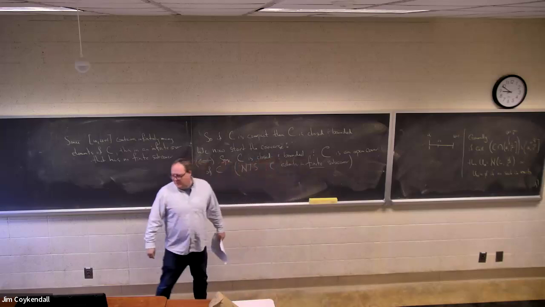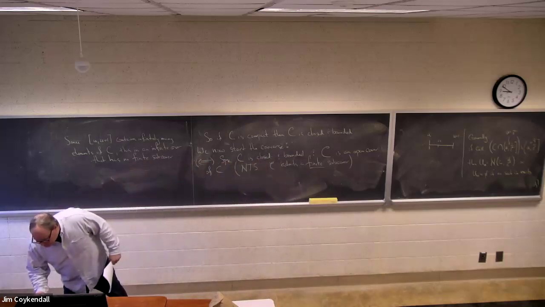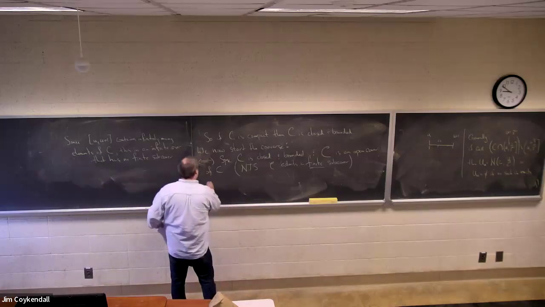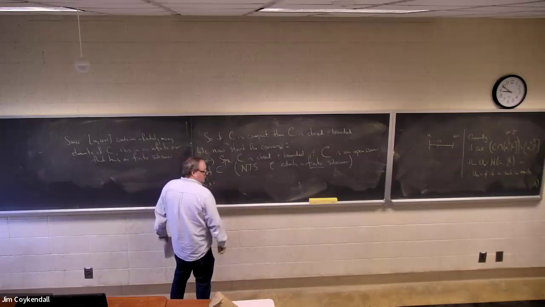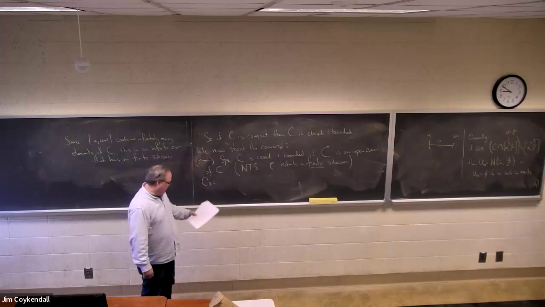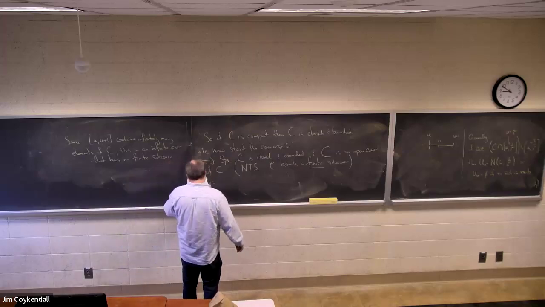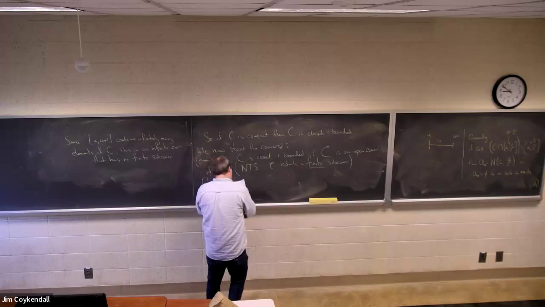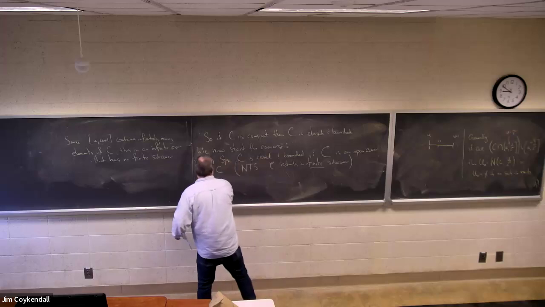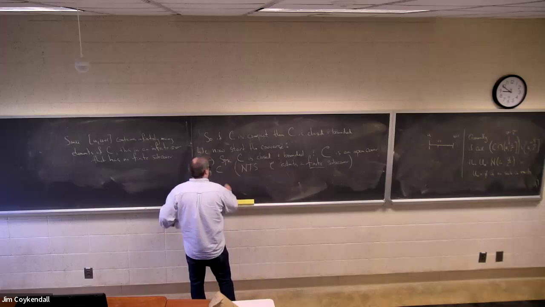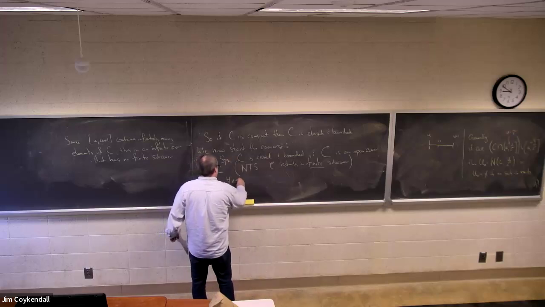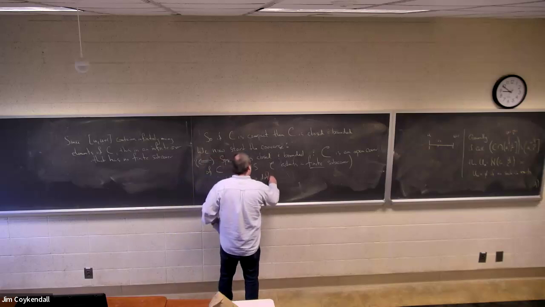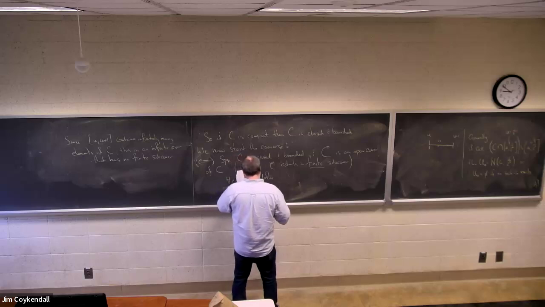Okay, so this is probably a good thing to leave you to think about for next time. I'm going to define the following two sets. Firstly, for all X in R, we define CX.